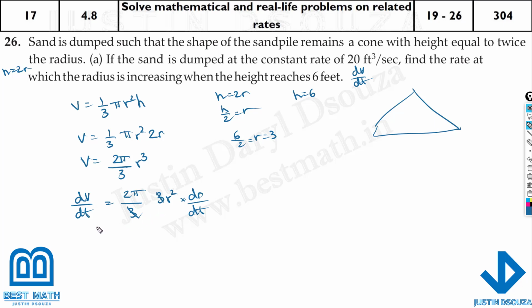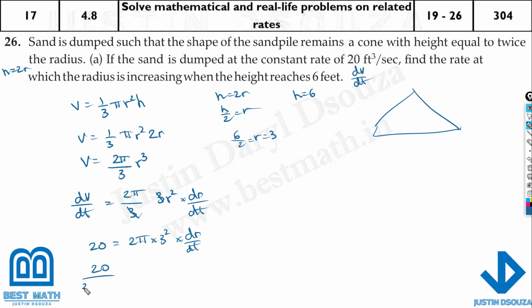Let's cancel this off. And dv by dt, what is dv by dt? I'm going to substitute this value as well. It is 20, that is equal to 2 pi r squared. R is 3, so it will be 9. When you put over here 3 squared, let me write it as 3 squared itself, times dr by dt. So take all these values to the other side and just solve it up.